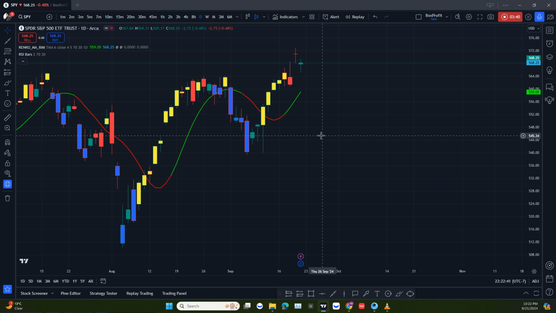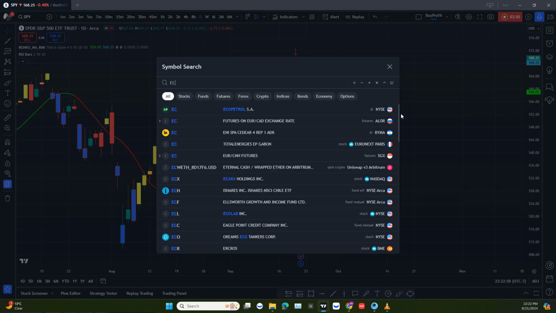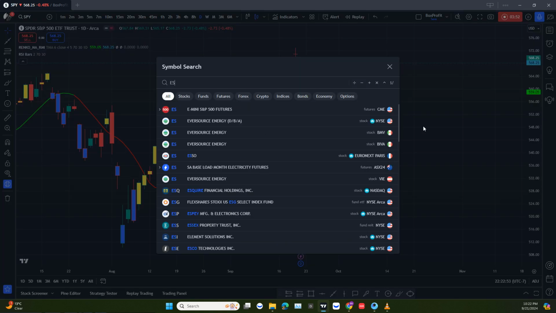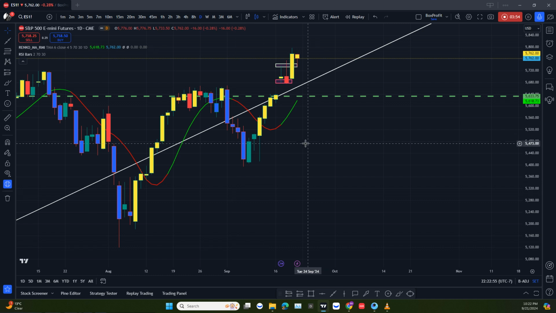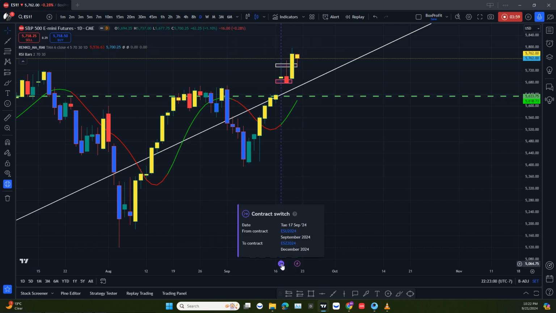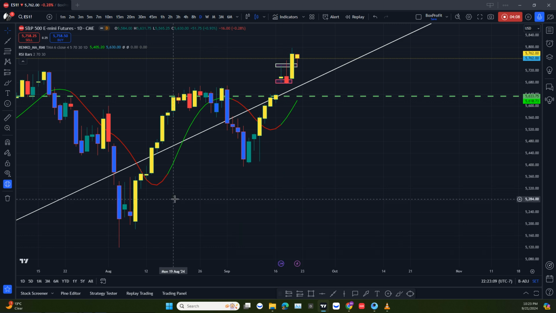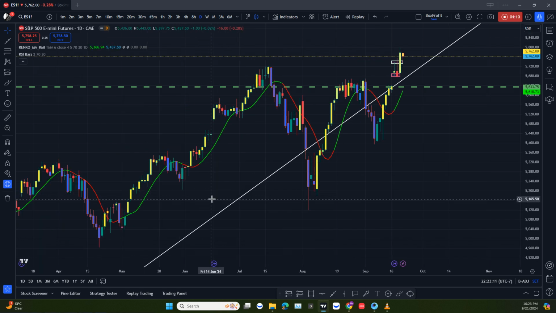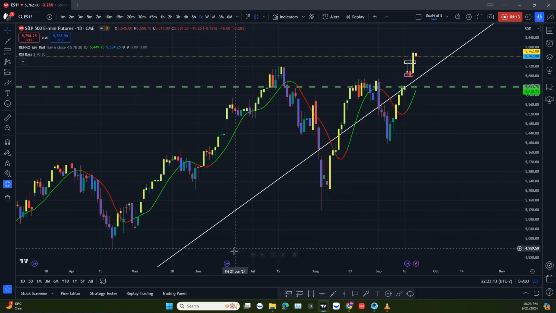The first factor we're going to look at is that there was a change in contract in the E-mini future, and that was right here. That contract switch normally brings a spike in other underlying securities.